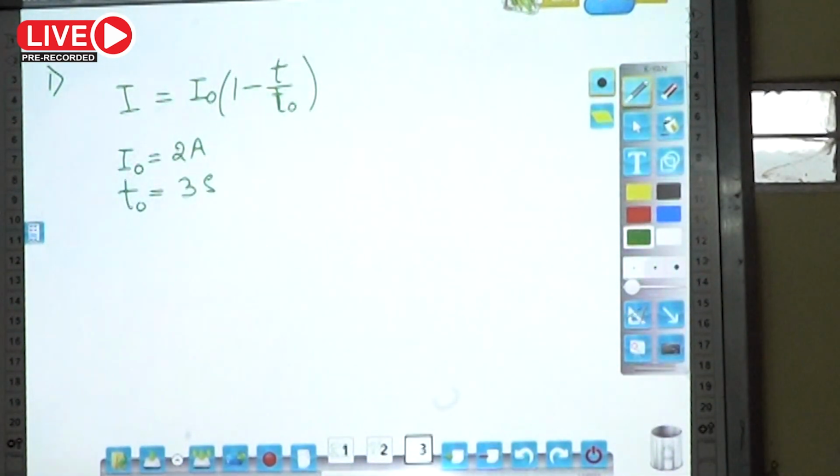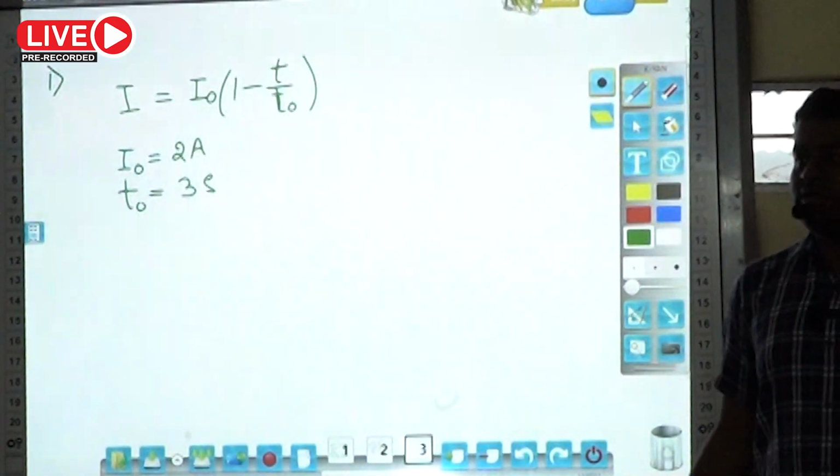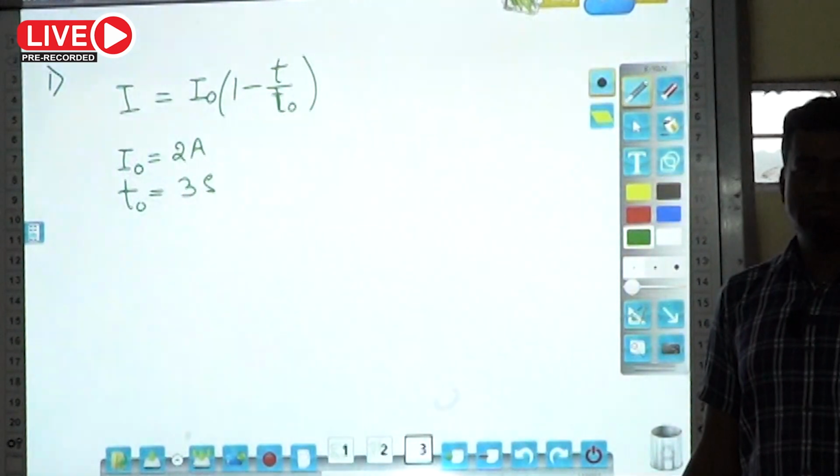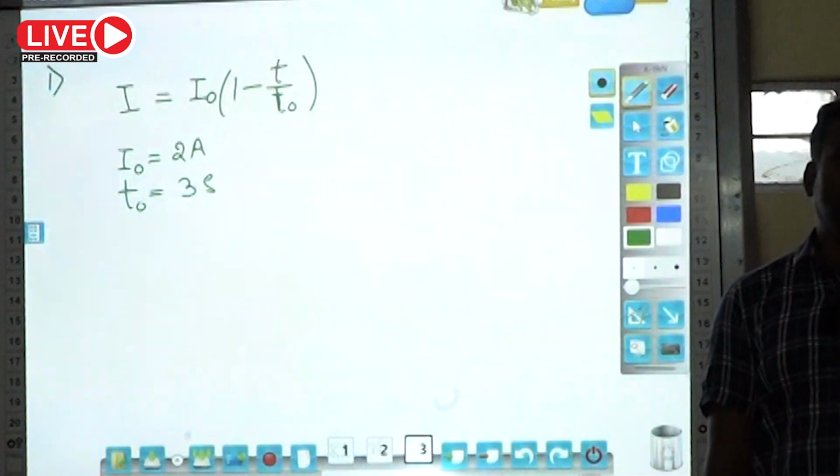It is given that the current flowing through a resistance is I equal to I naught into 1 minus t by T naught.